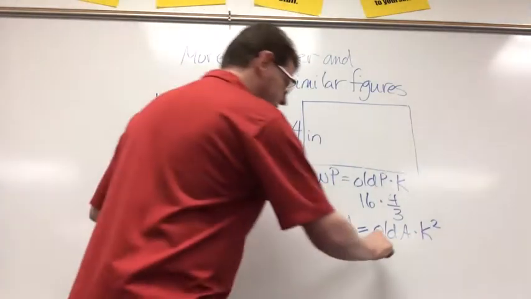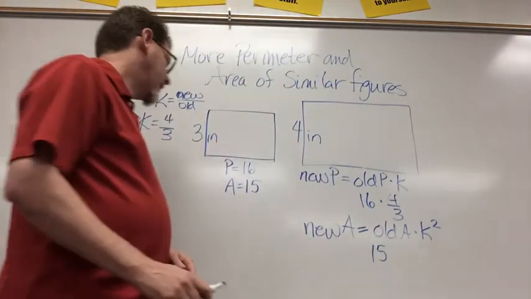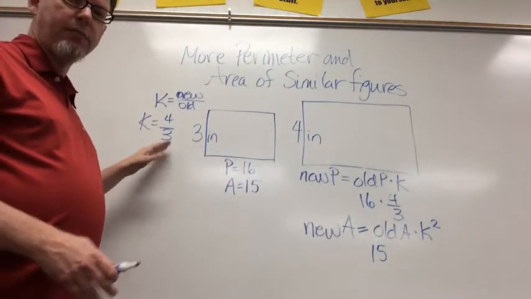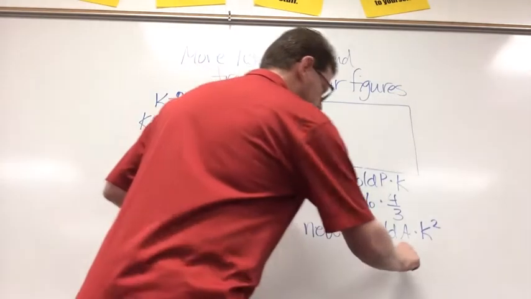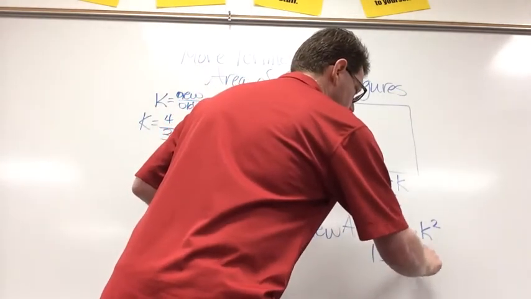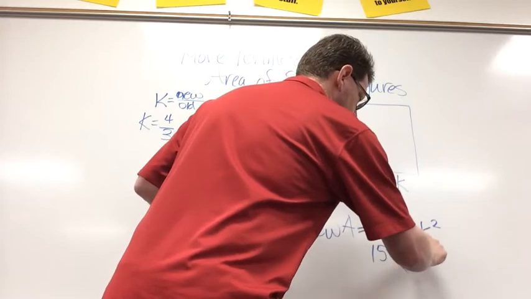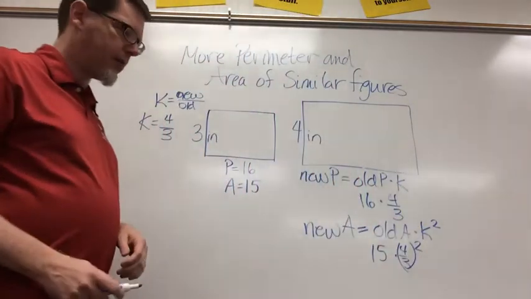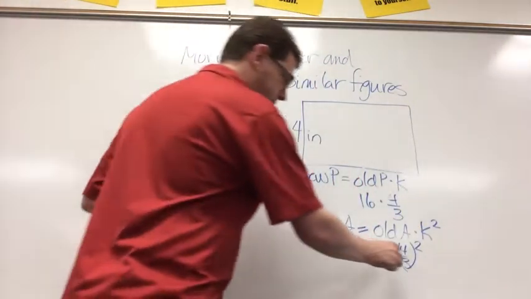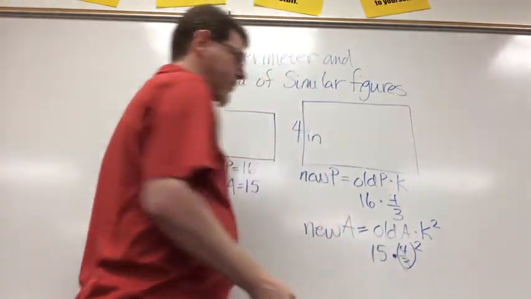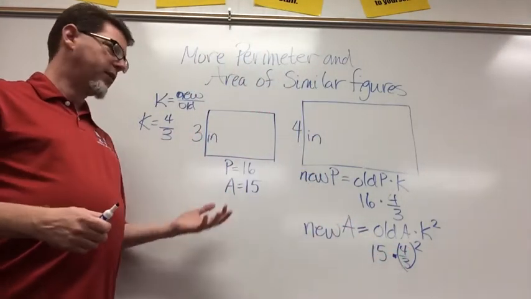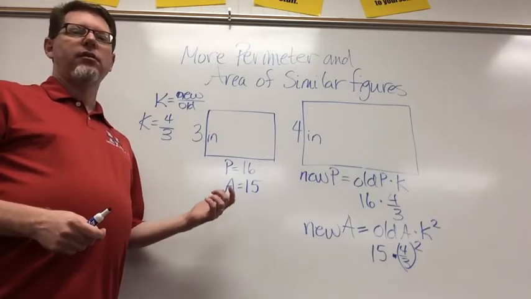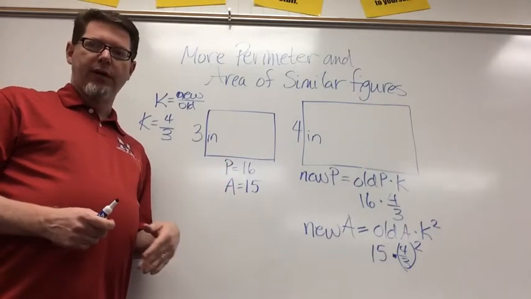So the old area is 15, and I know that K is still 4 over 3. My scale factor has not changed. So I multiply it by 4 over 3, but I have to put that in parentheses and square it before I plug it into my calculator. Now I hope that kind of helps solidify a little bit of what's on the front of the homework page.